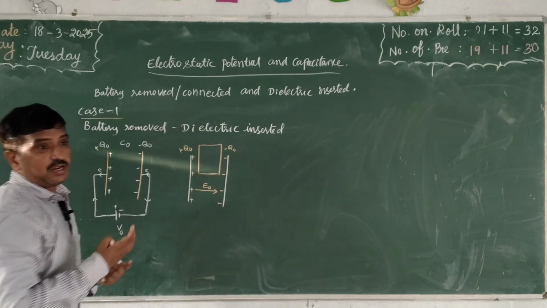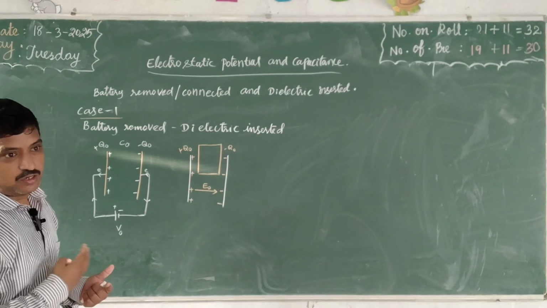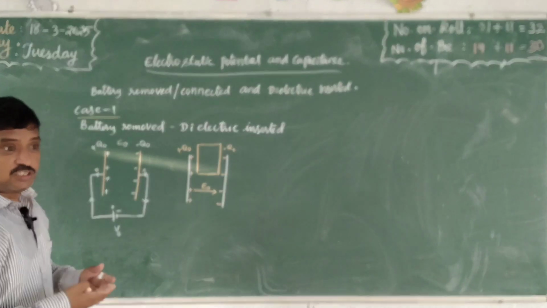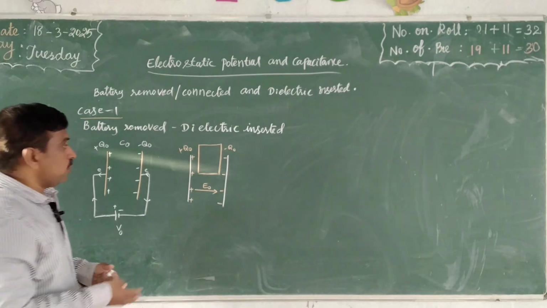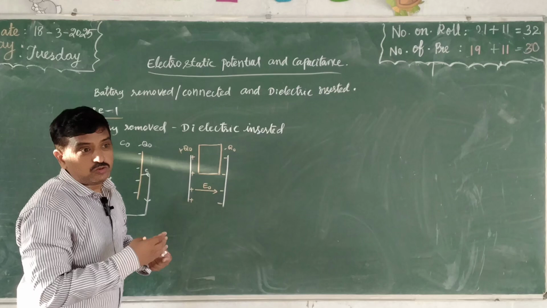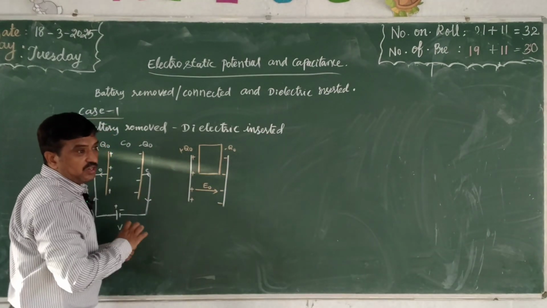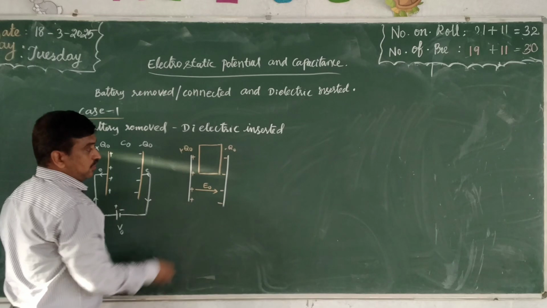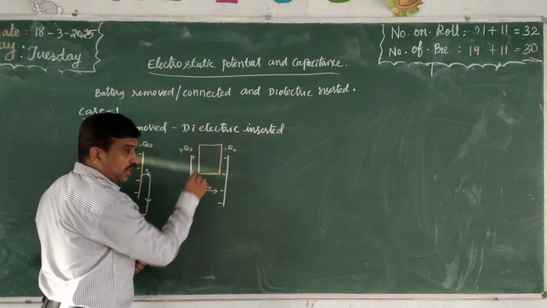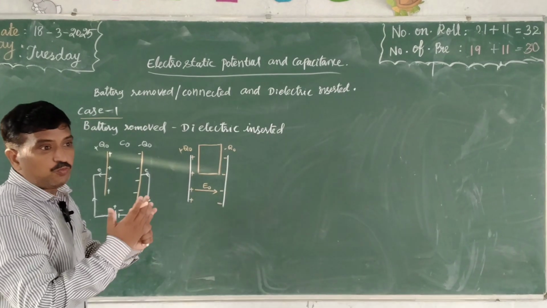Why? Because a dielectric is a special kind of material. It is not a conductor, not an insulator, not a semiconductor. It is a different class of material. Due to that, it does not allow current; it allows only the development of an electric field. In its molecules and atoms there are charges, and these charges are polarized.